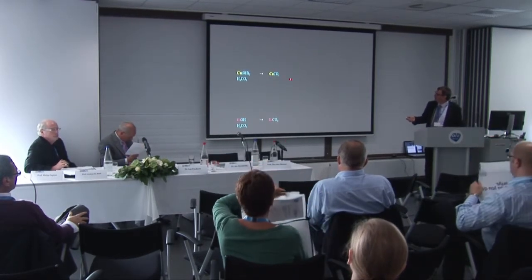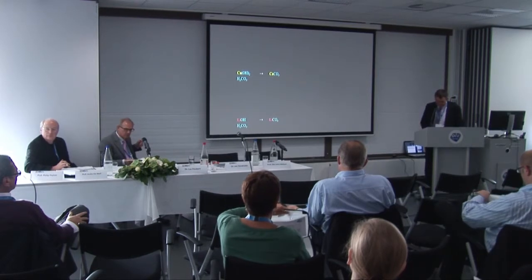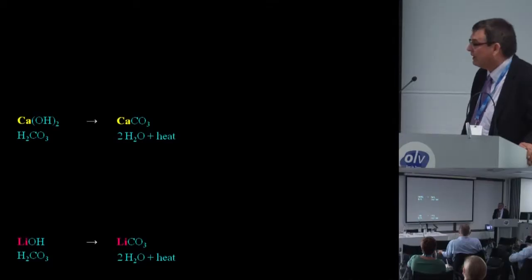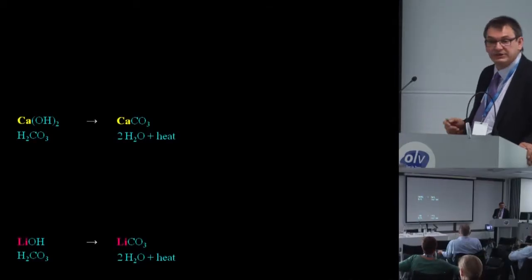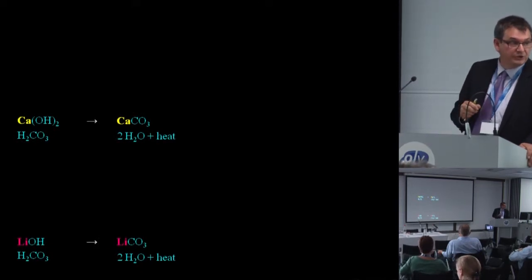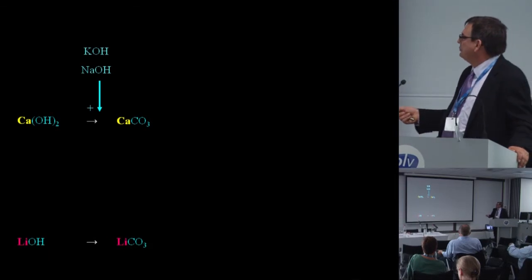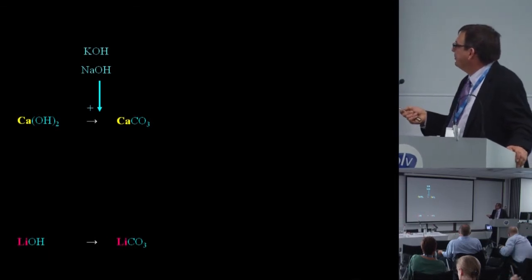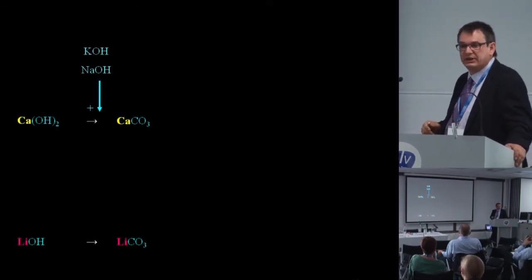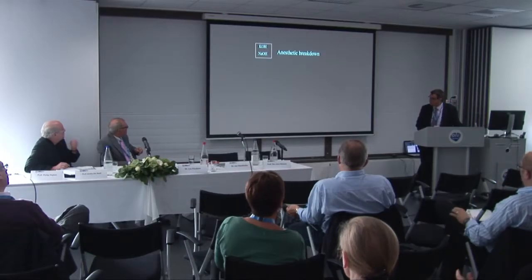The CO2 is incorporated, and you get calcium carbonate and lithium carbonate, and heat and water are released, which is nice because it helps preserve heat and humidity. To facilitate the reaction, potassium hydroxide and sodium hydroxide are added, or have been added.